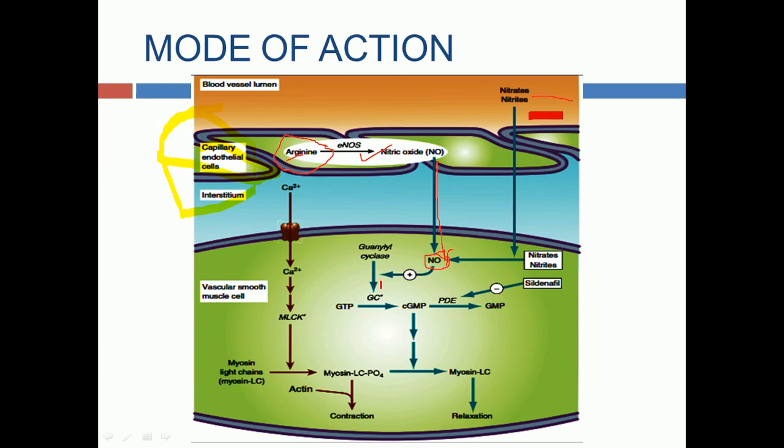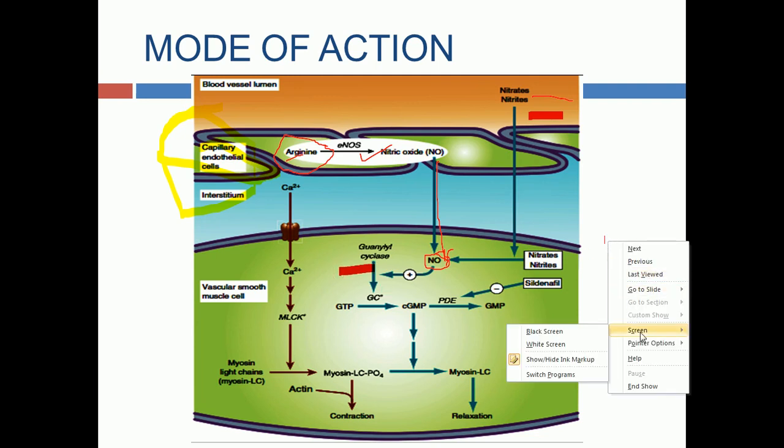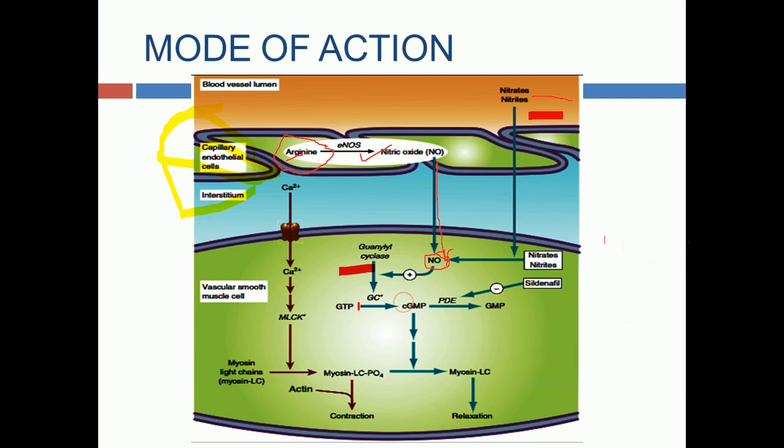So nitric oxide acts on an enzyme that is present here, known as guanylyl cyclase. The star shows that it is present in inactive form, and this inactive form is converted into active form, which converts the GTP, guanosine triphosphate, into cyclic GMP.